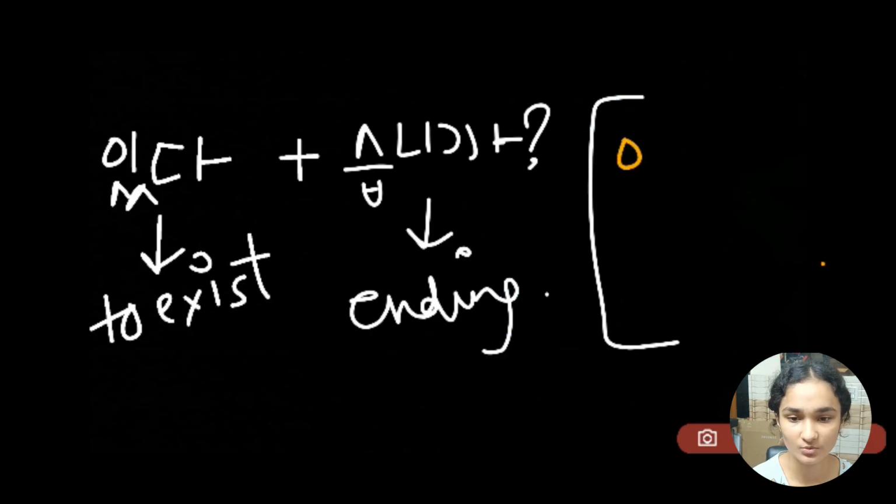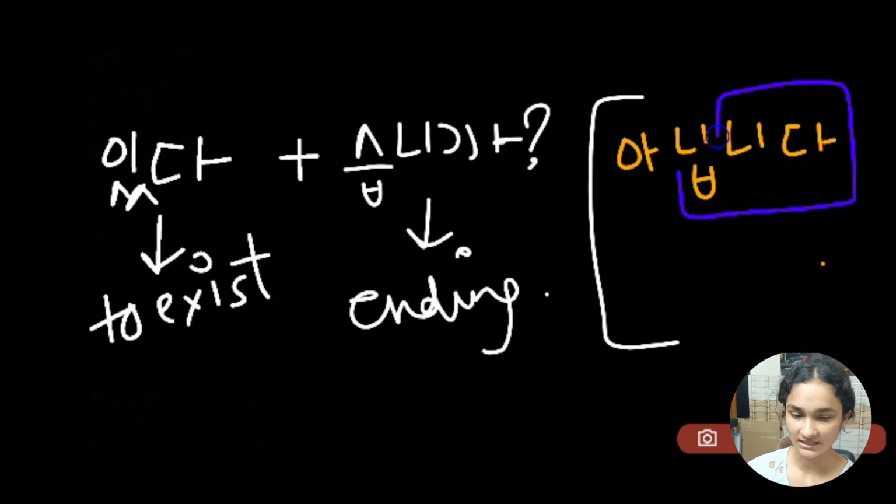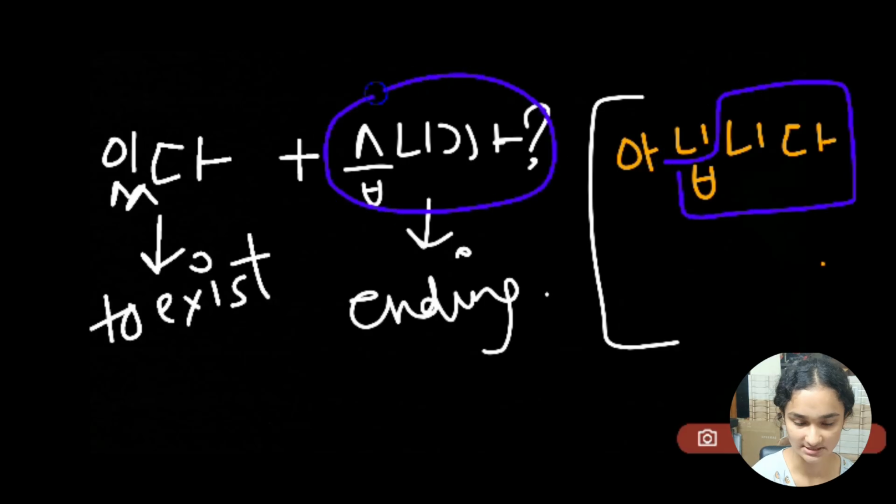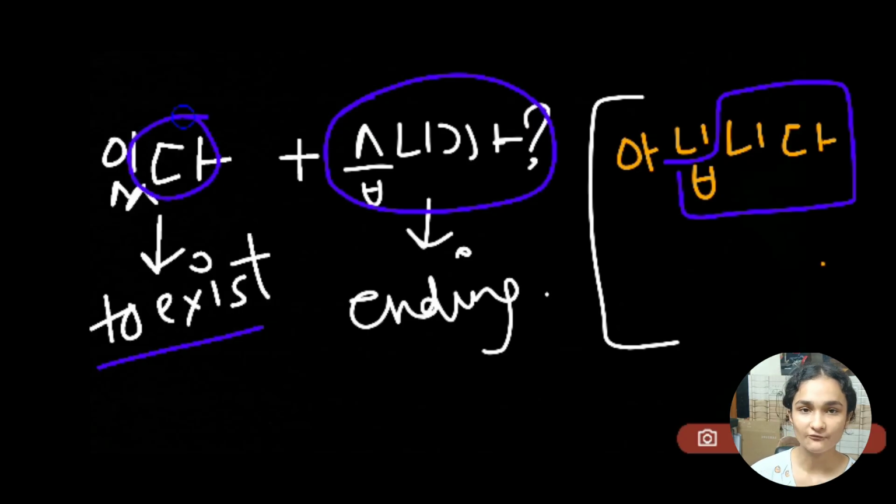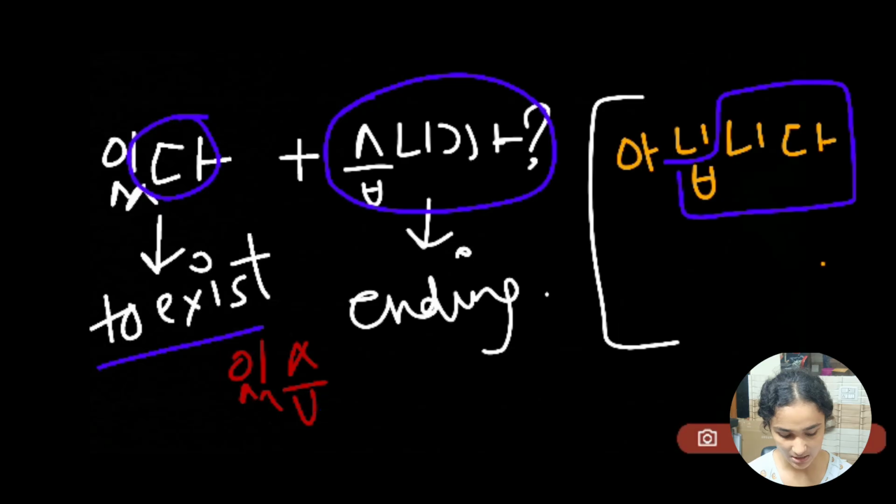Like in the previous one, when we talked about 아닙니다, the sentence ending was 입니다. Now the sentence ending is 있습니까. If we add it to 있다, which means to exist, we have to remove the dictionary form, the 다 part, and it will become 있습니까.